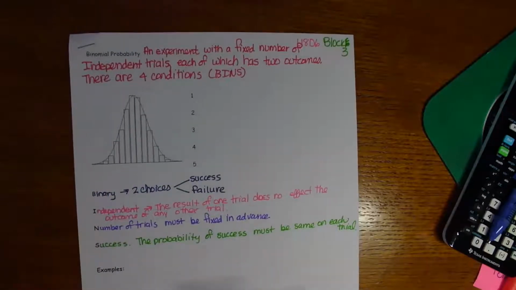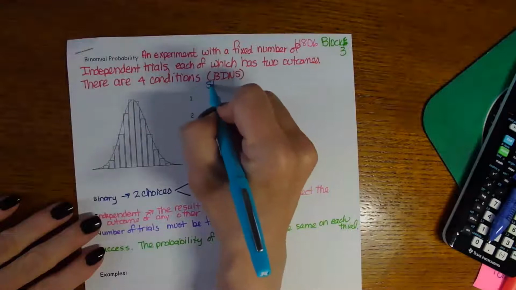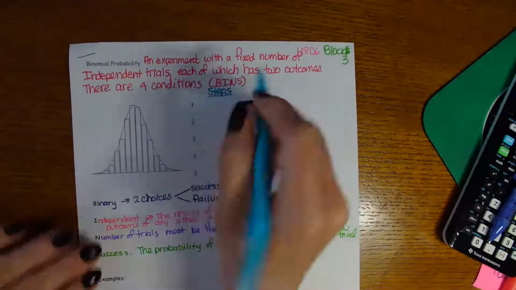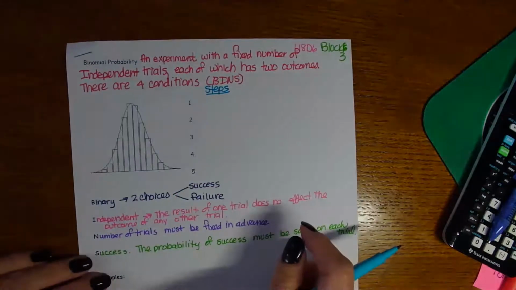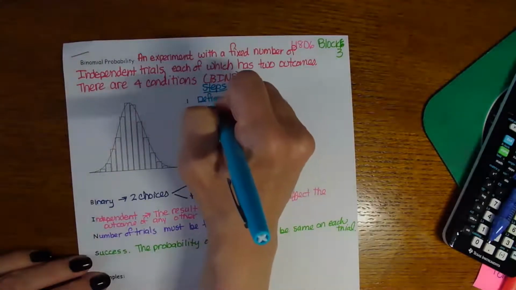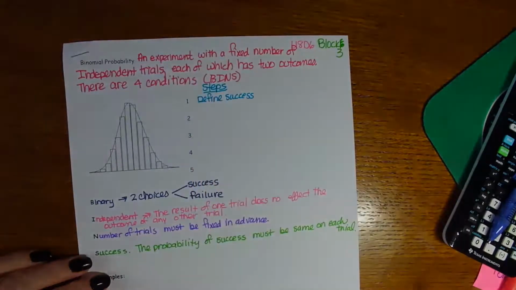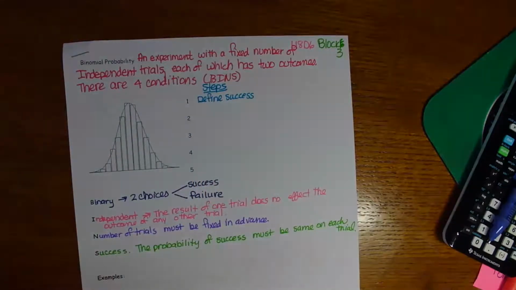So what are the steps? I want to run this binomial probability experiment. What are my steps to make sure all of this happens? One, I have to define success. Maybe rolling a 4 on the die is my success. I'm looking for 4s. Maybe flipping a coin and getting heads.